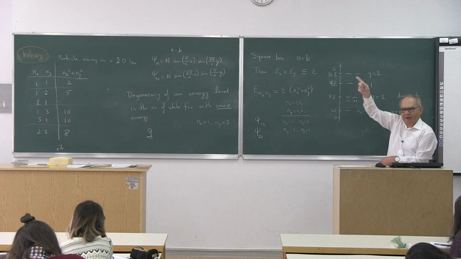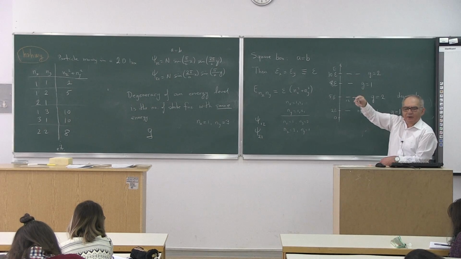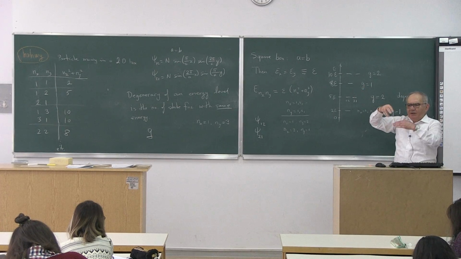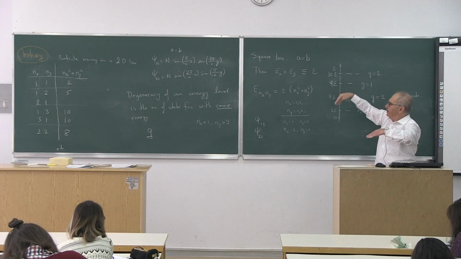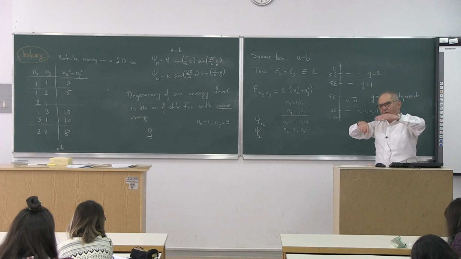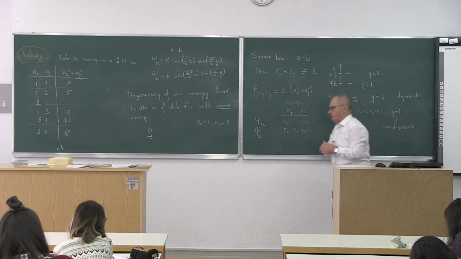For example, (3, 3). (3, 3) will have energy 9 plus 9, 18. 18 epsilon. That will be non-degenerate. So the degeneracy here is either non-degenerate levels or doubly degenerate levels.